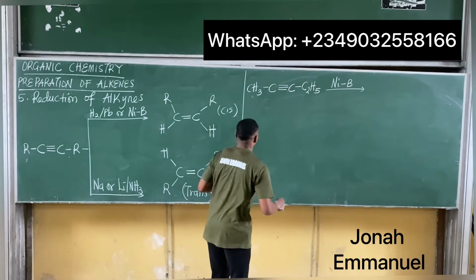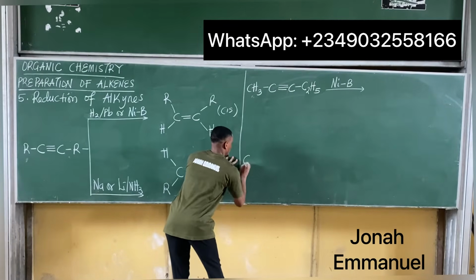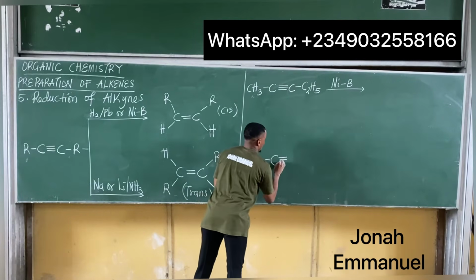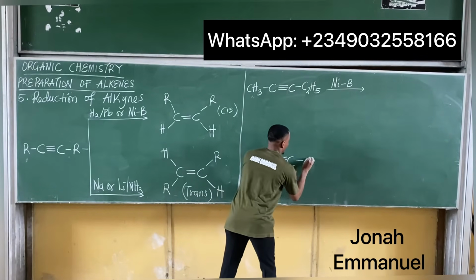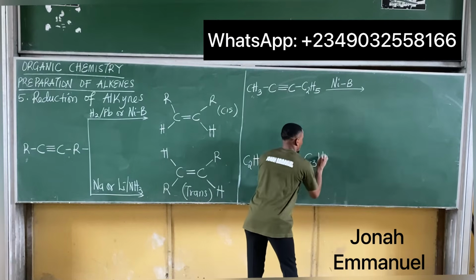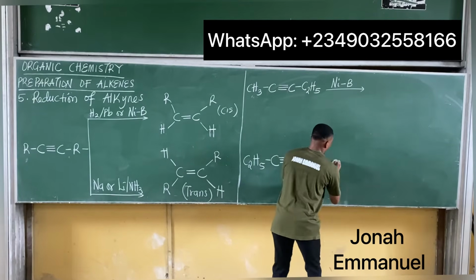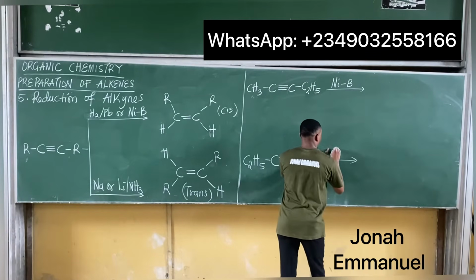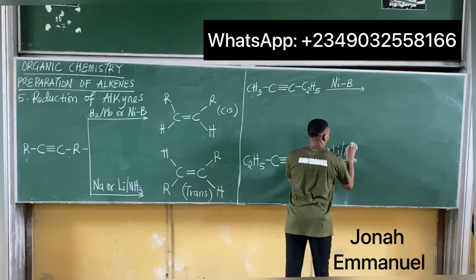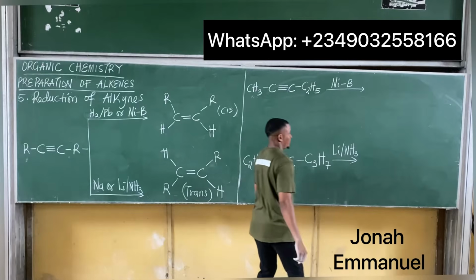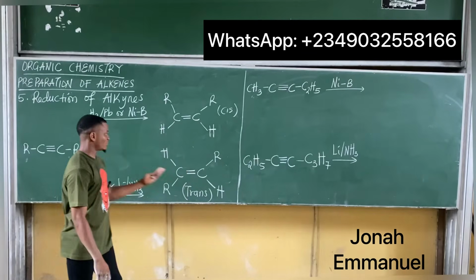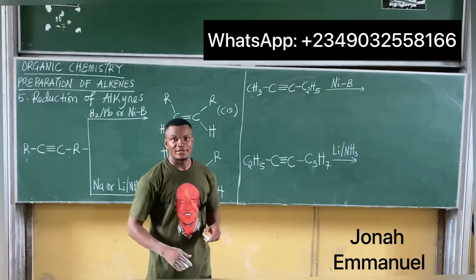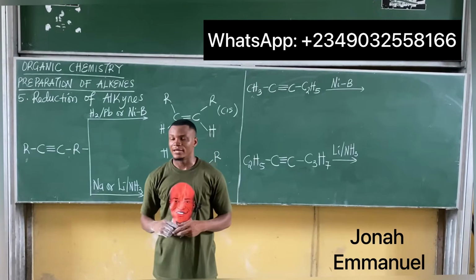At the same time, let's say I have C2H5 combined with C triple bonded C, C3H7 combined with lithium and ammonia. For each of these two, compare and get out the products and name them, please.